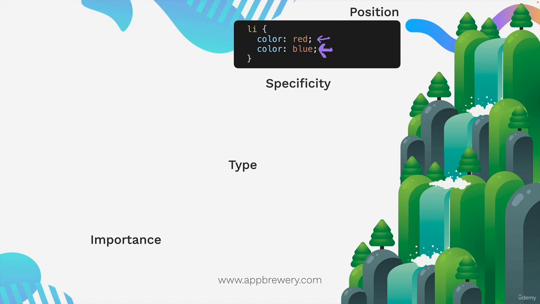The position of a CSS rule can apply to the position within the curly braces of a selector, but it could also be that you target the same element lower down in the file. So I could target the li again down here, and I could set the color to green. And in this case, because this is even lower down than these 2 positions, so this is 1, 2, and 3, then this one is going to be the final one that we'll see.